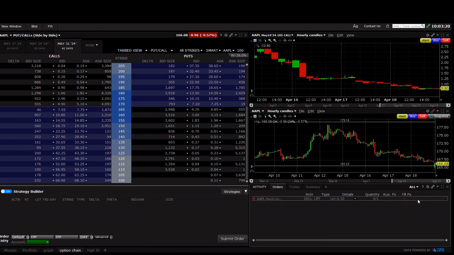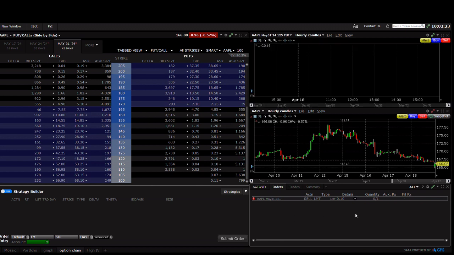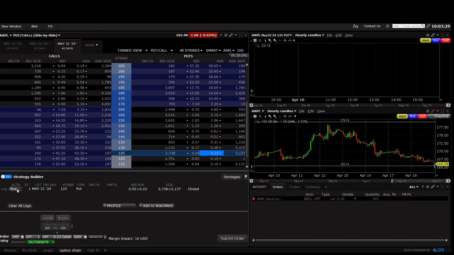Now you can also buy an option. Order cancelled, so I cancel this order. Let's say I buy this option for 125, a put option. Again, the price is between 5 and 23. Let's say I want to buy it for 10.